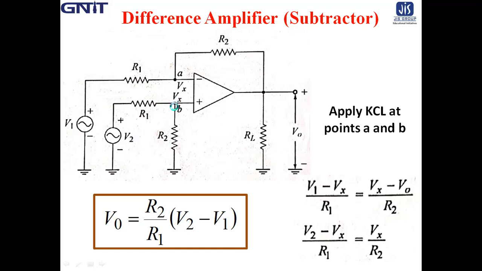Now applying KCL at point A and point B, we obtain respectively V1 minus Vx by R1 equal to Vx minus V0 by R2, and for point B, V2 minus Vx by R1 equal to Vx by R2.